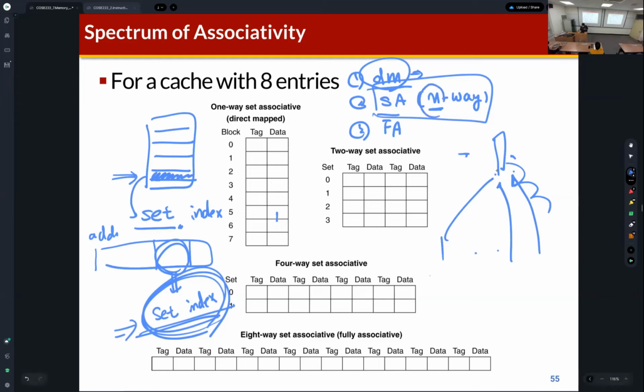So n of the n-way set associative cache represents the number of blocks that can be included in a single set. If we use a two-way set associative cache, it means that in one set, this cache can include two blocks.